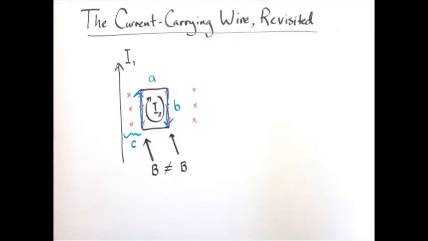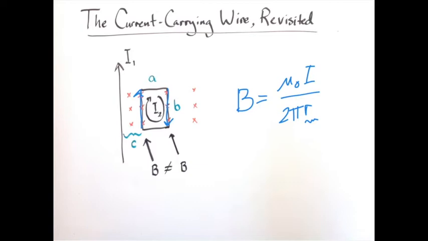That's just because one side of the loop is closer to the long straight wire than the other. And as we know, B depends on the distance from the wire, so since r is different for those two sides, they do not experience equal forces, because they are in different magnitude magnetic fields.